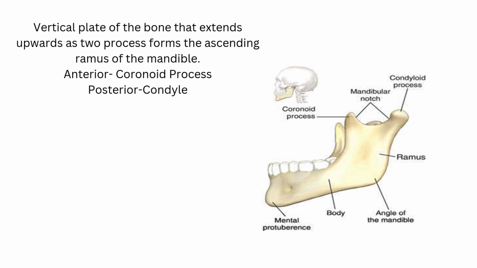One is the condyloid process which is present posteriorly, and anteriorly there is the coronoid process. Understood? This condyloid process articulates with the mandibular fossa, forming the TM joint. In between the coronoid process and condyloid process, there is the mandibular notch.